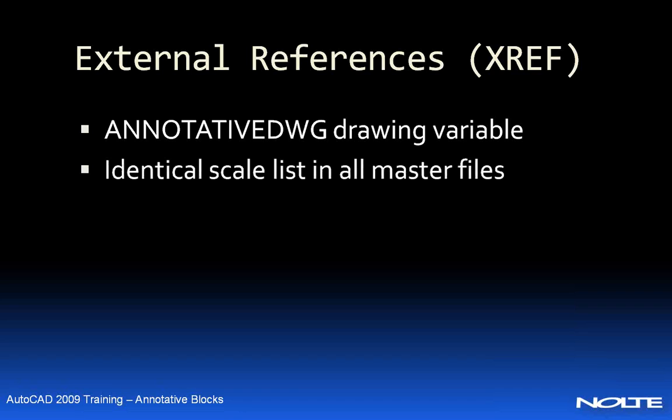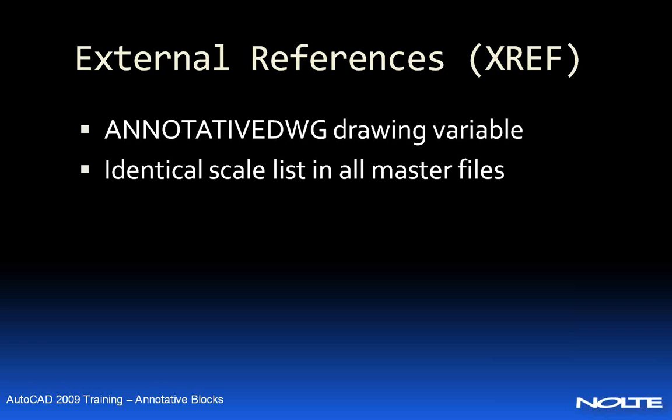A couple of rules for using annotative objects in external references, and it goes back to our scale list and why I showed you those utilities: you want to make sure that you're using the identical scale list, and more specifically the scale list names, in all master files. For example, I've been using just 1 to 20 as a scale, but if I had another drawing where I use 1 inch equals 20 feet as my scale name, those two aren't going to behave the same when I XREF those drawings because they're actually different scales.